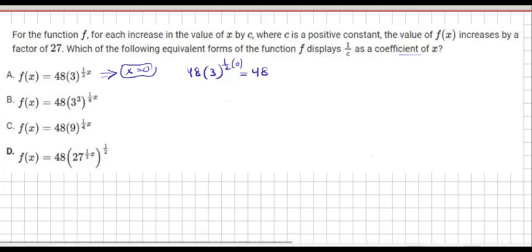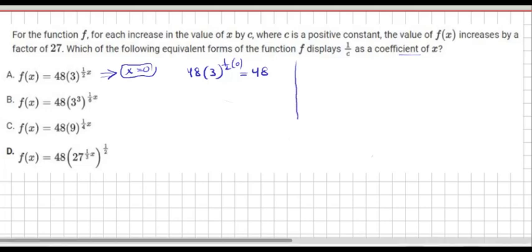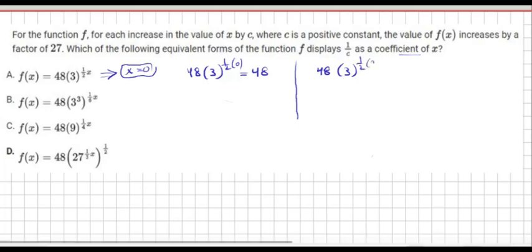And then when you try replacing x with 2, which is the reciprocal of the coefficient of x, 1 over 2, as 2 here is the c, we have 48 times 3 to the power of half times 2. Half times 2 means 1.